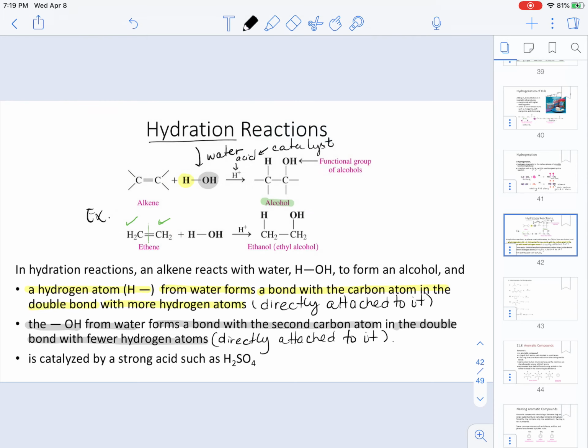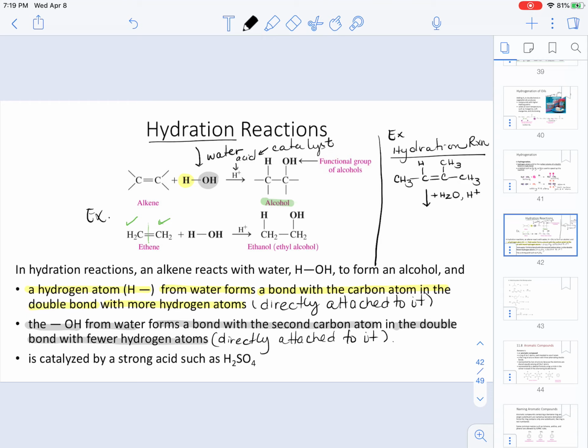Let's say that we are going to do the hydration reaction, and RxN is my shorthand for reaction, in which we have the following alkene. And again, to write it as a whole, this is going to be reacting with water and acid.